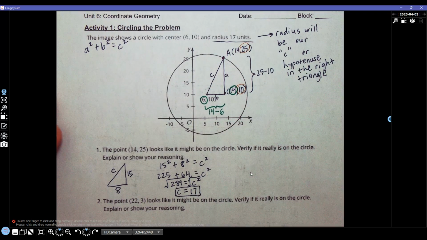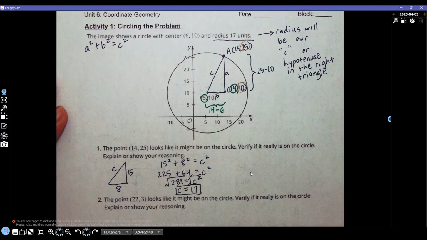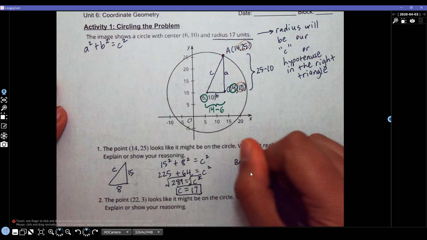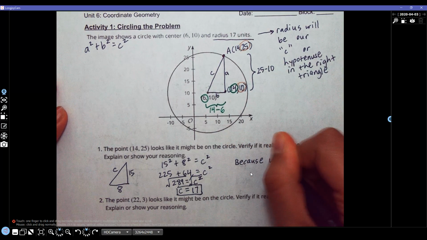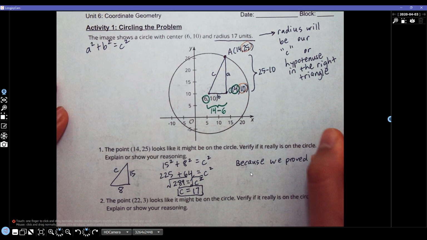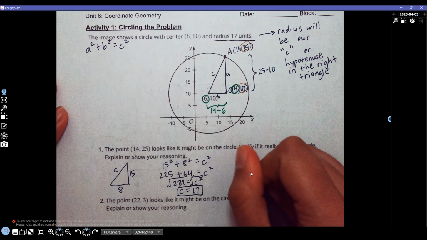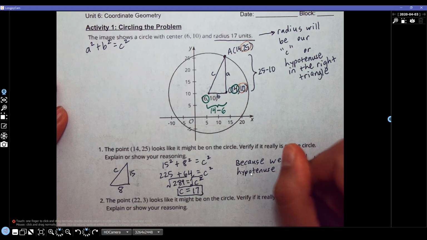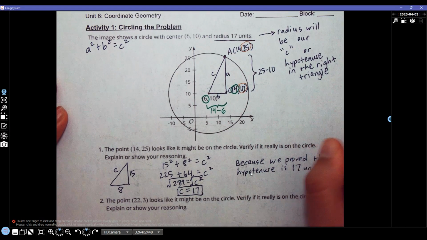Great. So I'm going to write this down in a sentence: we proved the hypotenuse is 17 units.